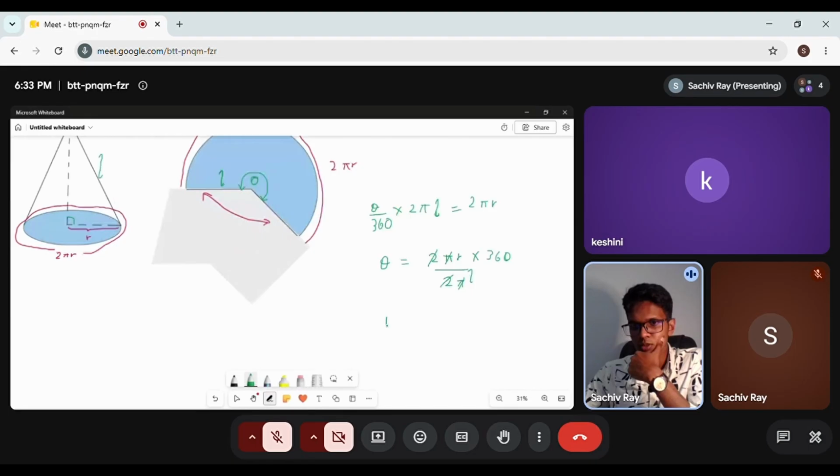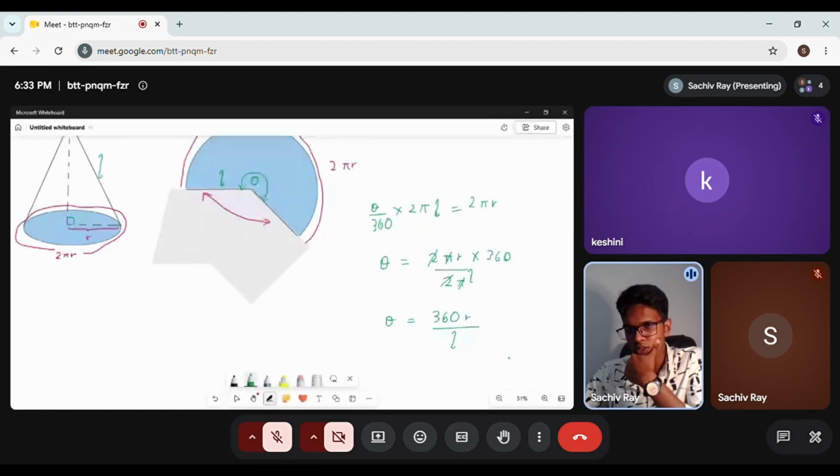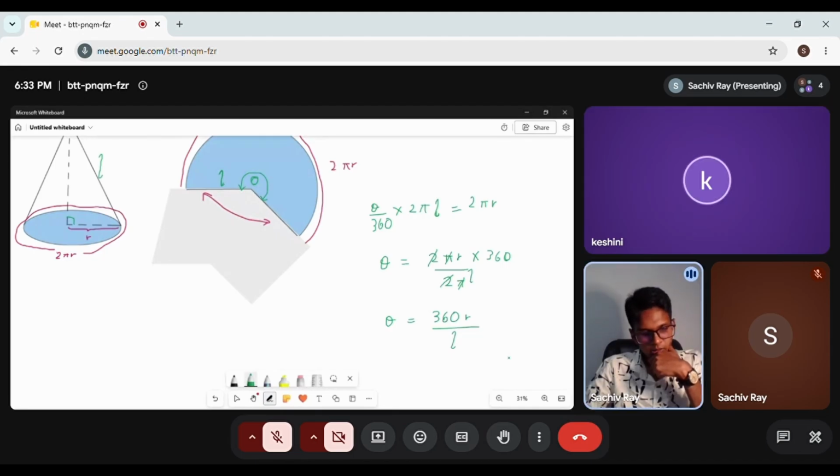So theta is equal to 360 r over L. Are we clear about that part? Yes, sir.